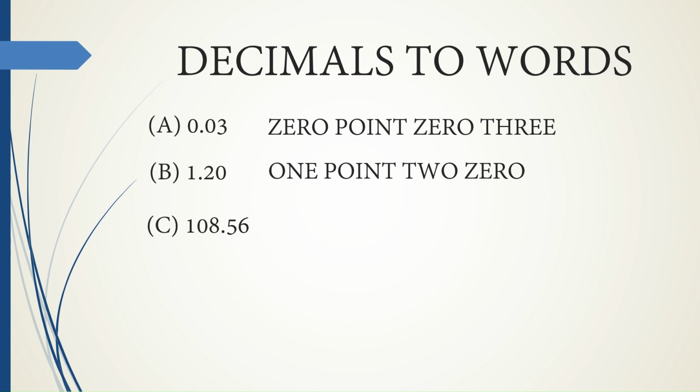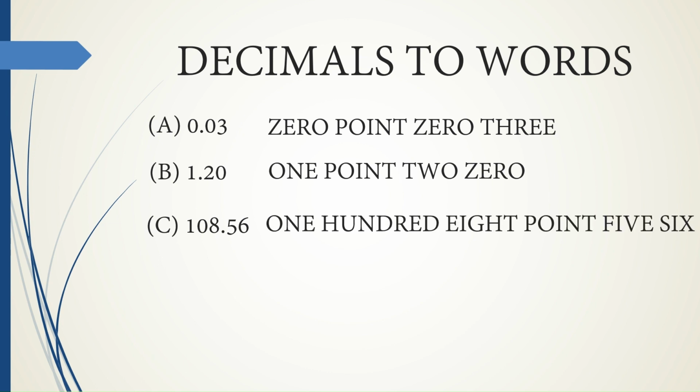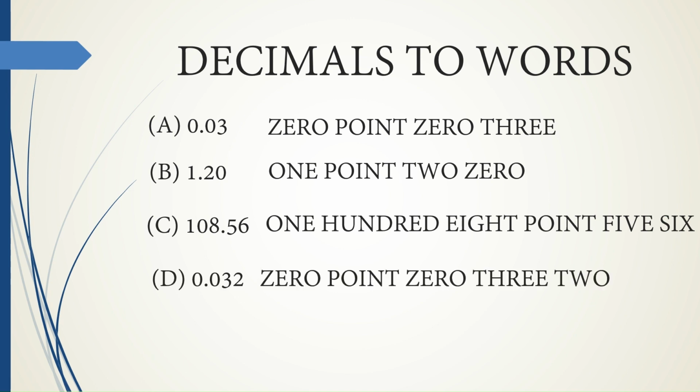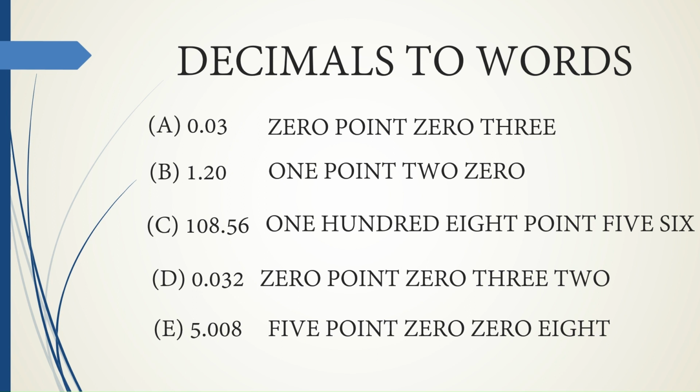After the point, read each and every digit separately. So 108.56. 0.032. When there is no whole number part, we have to read the 0 as well. Now this is 5.008.